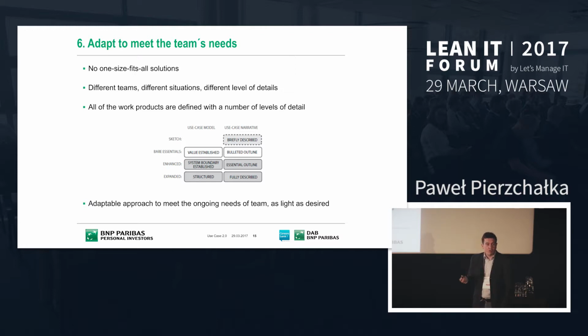When I have a large complex system, then I have to go for the fully described, maybe with some additional information. The idea here is that use case 2.0 should be an adaptable solution, which is as light as desired, but also as detailed as needed.